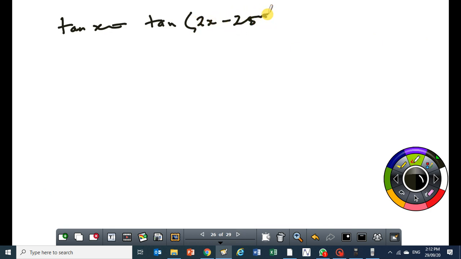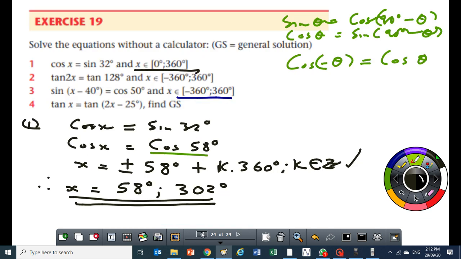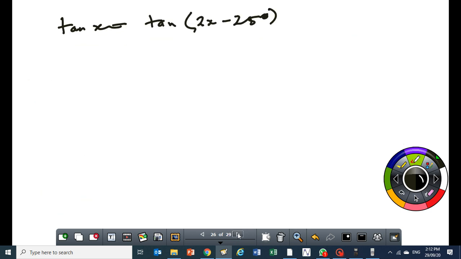This one is not very long, because the question wants us to determine the general solution. We don't need the actual values of x. We just need to determine the general solution. So it's a very straightforward question and it's very easy to do.